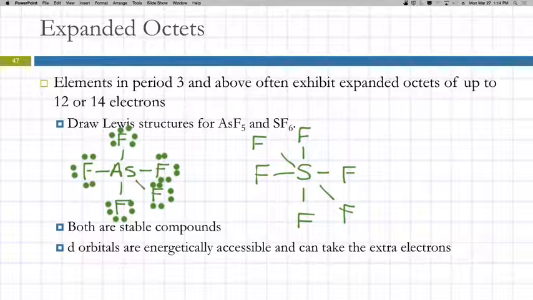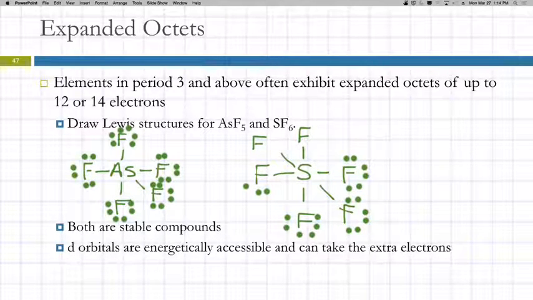I've already got 2, 4, 6, 8, 10, 12, 14, 16, 18, 20, 22, 24, 26, 28, 30, 32, 34, 36, 38, 40, 42, 44, 46, 48. There's my 48.